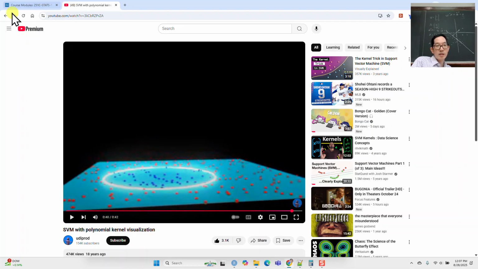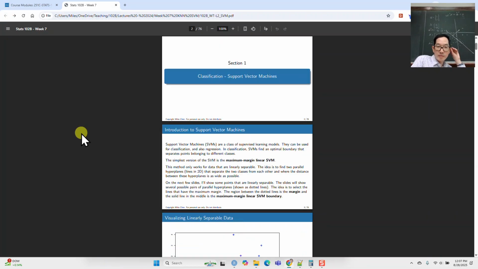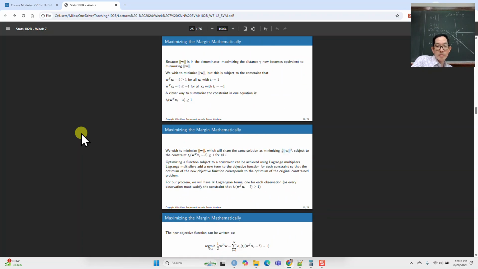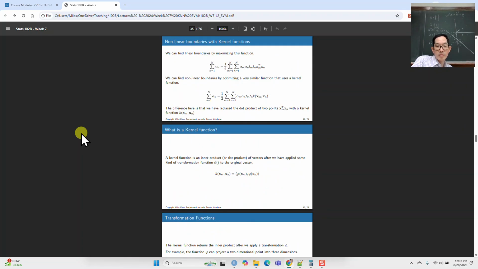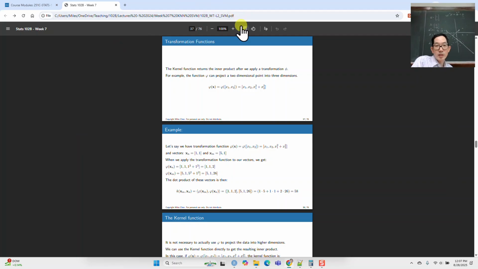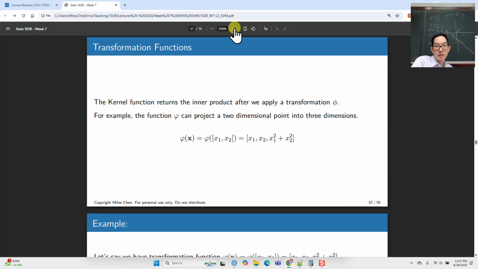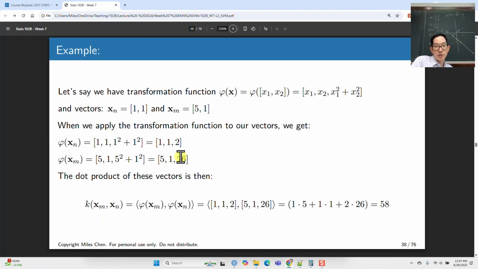Okay, so that's what's going on. Now, because we're using the kernel function, we don't actually need to take our data and transform it. I mean, we could, all right? We could if we wanted to and say, hey, this is the transformation function.